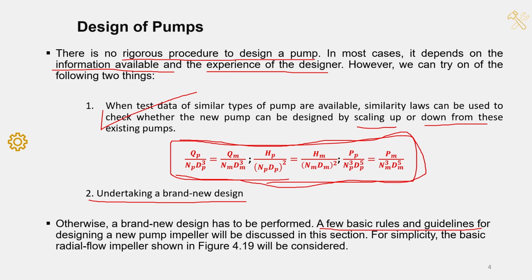This session will be focused on number 2, because we have already talked about similarity laws, so there is no need to go over number 1 again. The main purpose is to show you step by step how to design a pump.